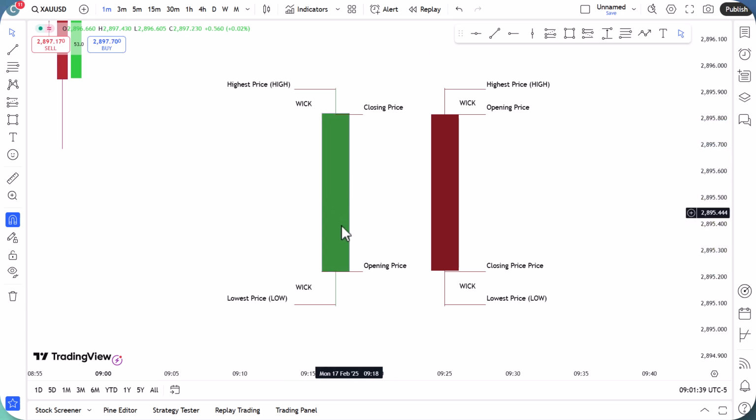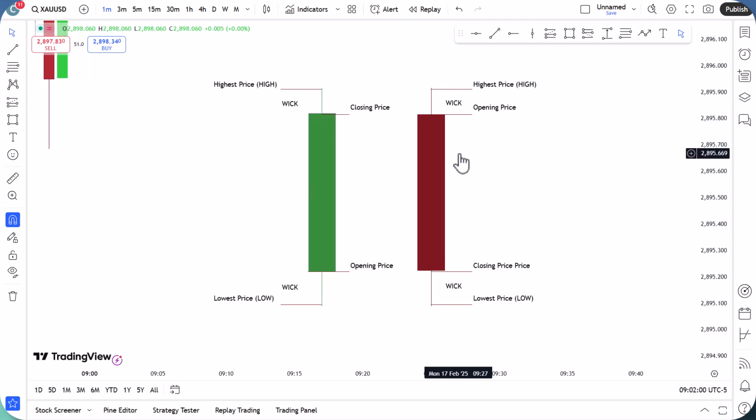That's why every candlestick is made up of an opening price, a closing price, a high price, and a low price. In the same manner for a bearish candlestick. The only difference between a bullish candlestick and a bearish candlestick is that the opening price and closing price differ. In the case of a bullish candle, the closing price is higher than the opening price, and in the case of a bearish candle, the closing price is lower than the opening price.